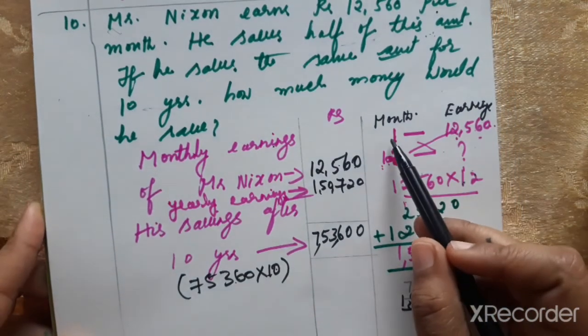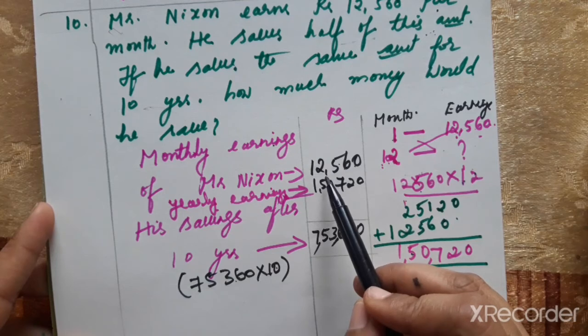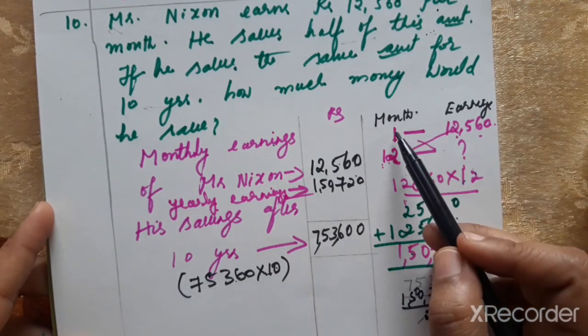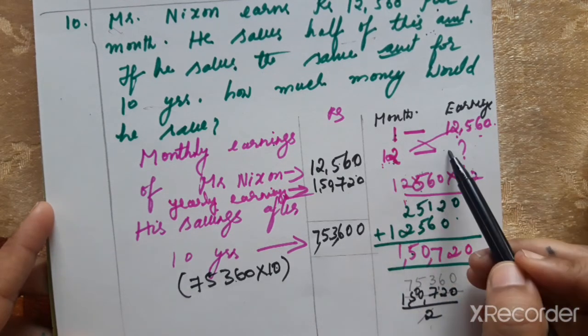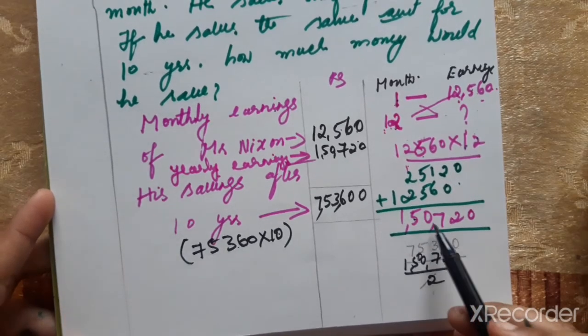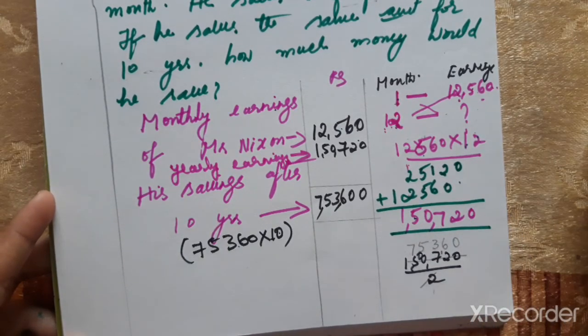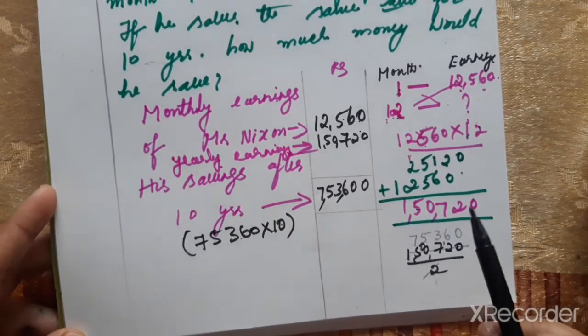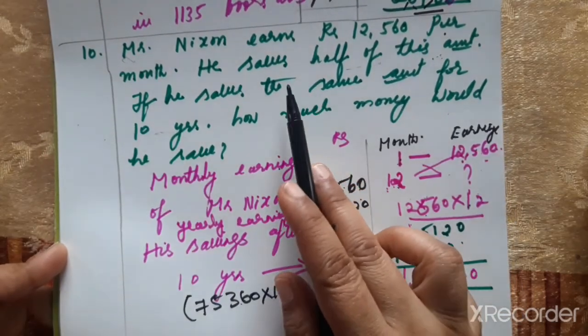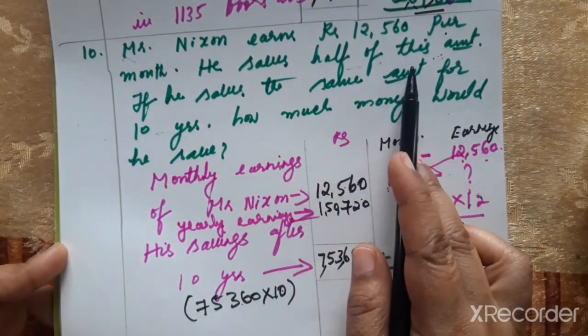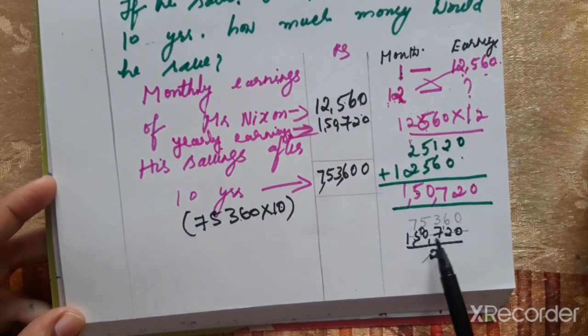Okay. First we have to find 1 month earning, which is given as 12,560. With the help of 1 month earnings, we find 12 months earnings. So 12 months earning is 1,50,720, the 1 year earnings. And in the question it is given that he saves half of this amount. Half of that means divided by 2.